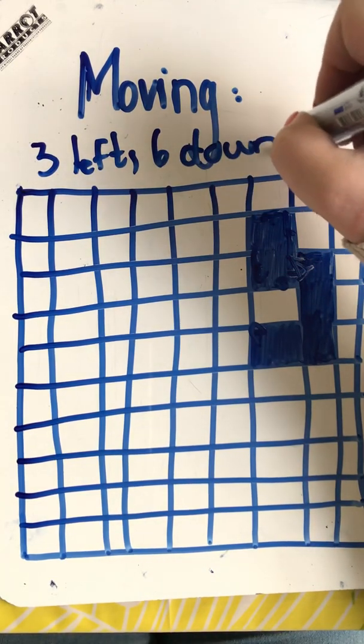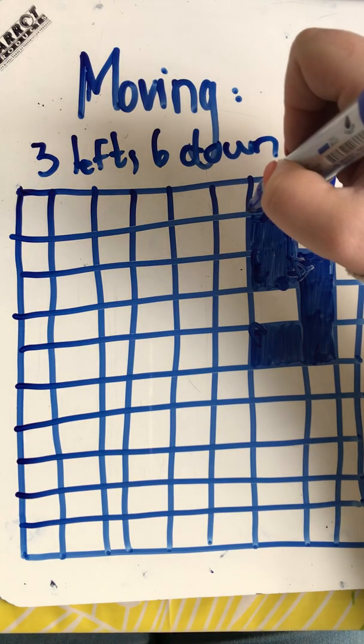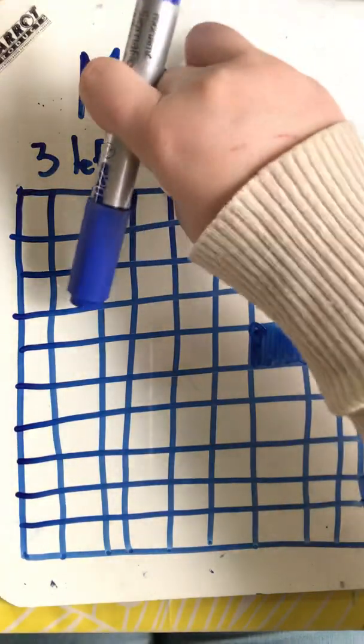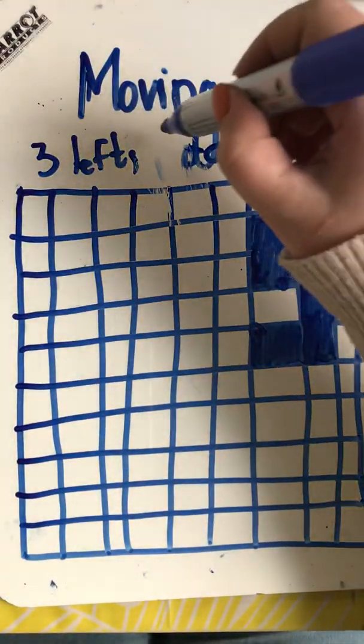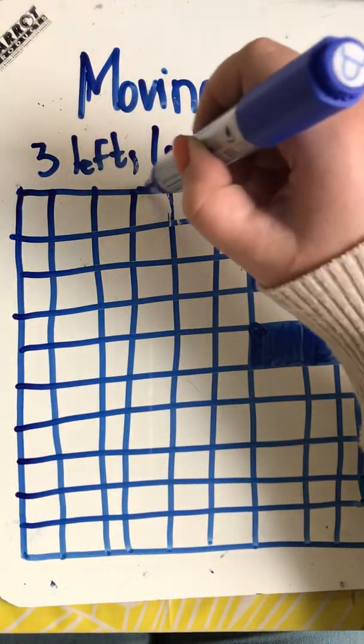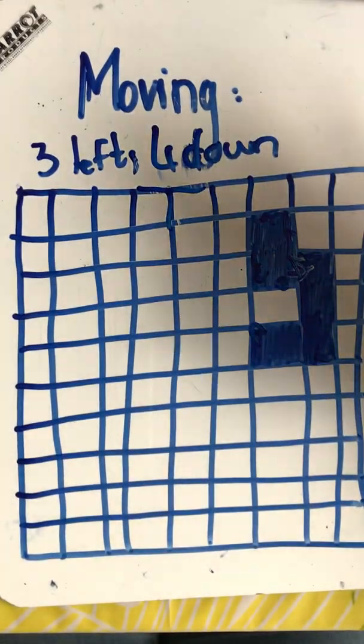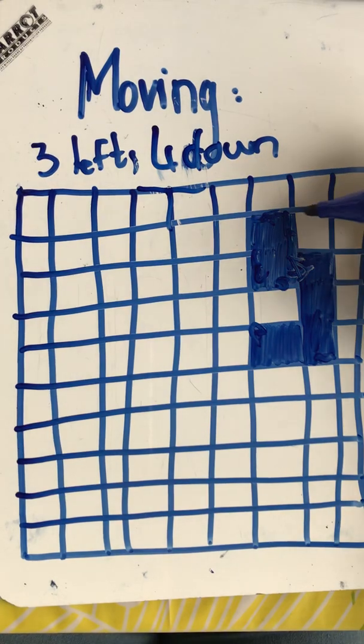I don't know if I can do 6. Oh no, I cannot do 6 at all. Let's say 4 blocks down. Okay? Now, the easiest thing to do is to find a corner.